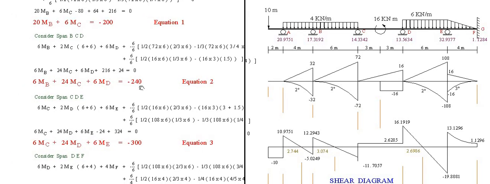Again, we have this. Usually moment at B is negative. The moment at the support is usually negative. Moment at C is also at the support, and B also negative. These three are negative, so this must be negative. This comprises the equation 2.